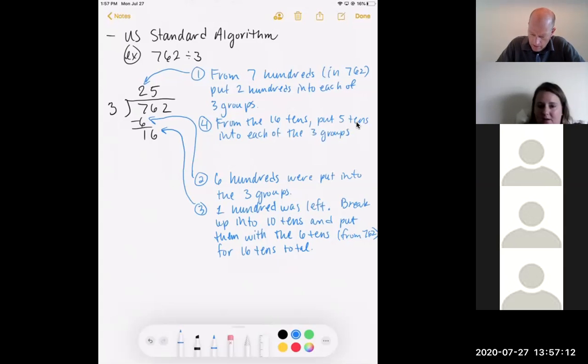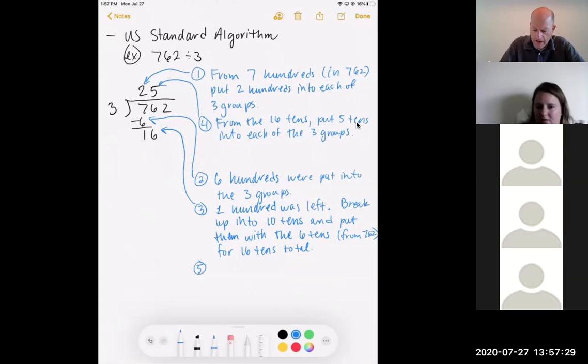All right, so that's what this part means. And that's why I'm grouping these up here and pointing them to the quotient there.